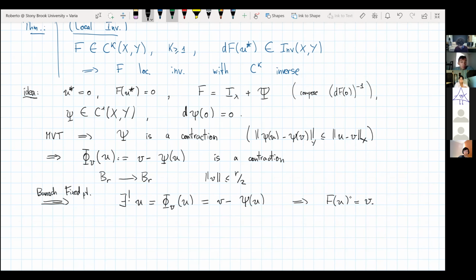And this is local because we need V to be contained in a small ball. Quote unquote, end of the proof.